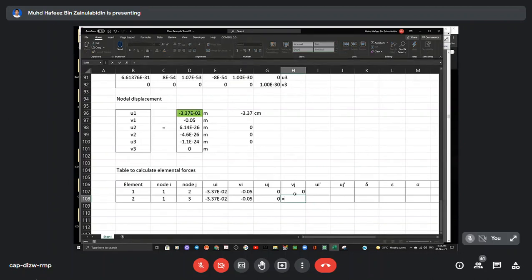VJ3 is 0 as well. Okay, check back. So UI, VI, okay, correct. 1 and 2 are 0, okay.